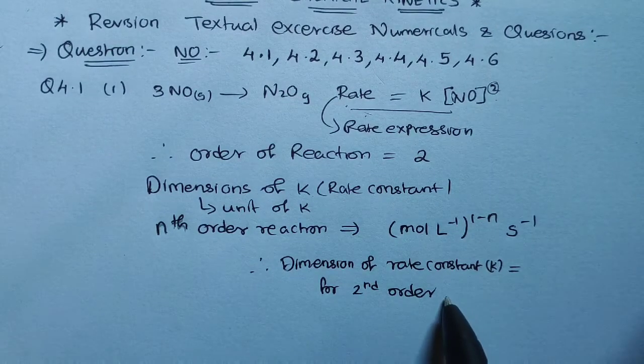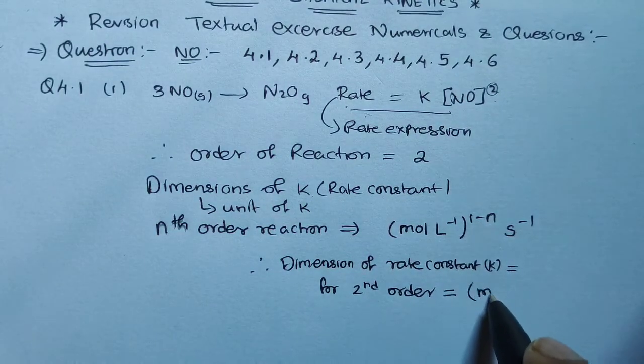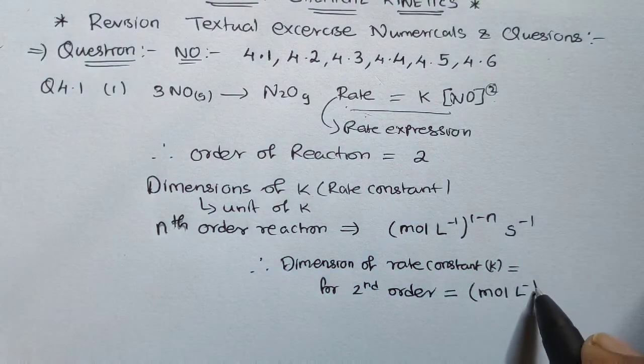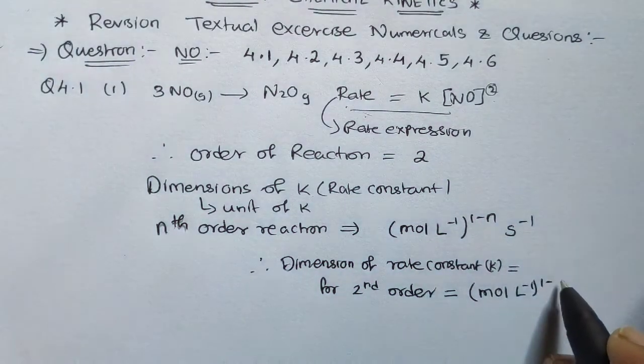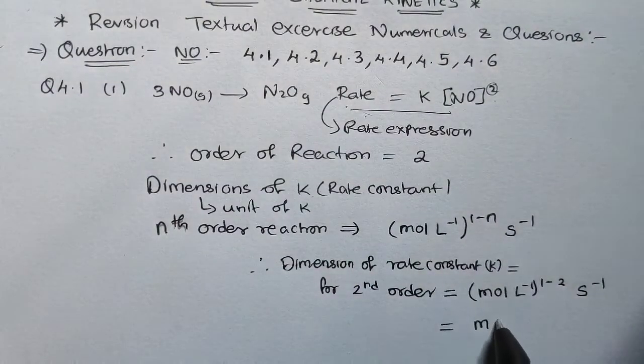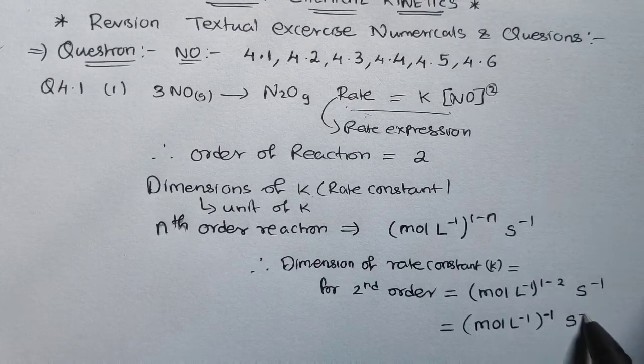Second order will be equal to mole liter inverse raised to 1 minus 2, second inverse. If you simplify this, it is mole liter inverse raised to minus 1, second inverse.